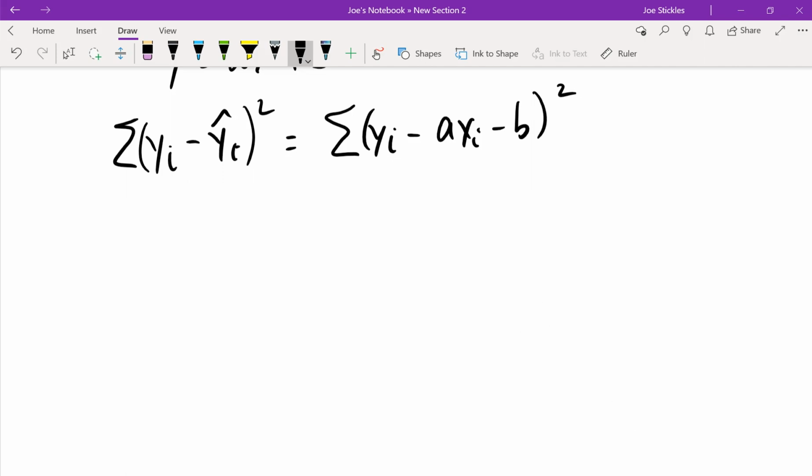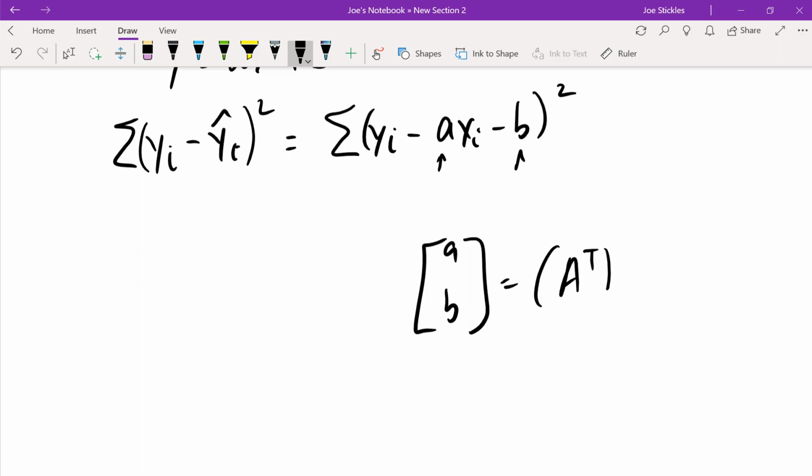We know that the solution is the values for the A and the B. Remember, the values for the A and the B are given to us by what? If we had A and B, remember that was our A transpose A inverse times A transpose times B, right?